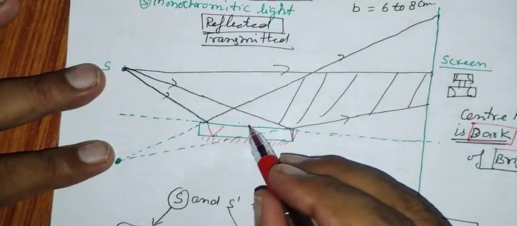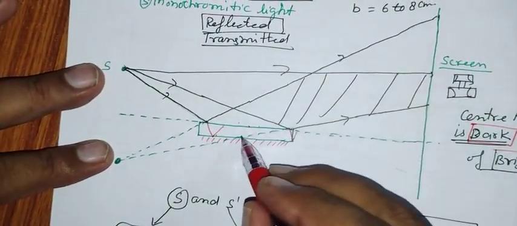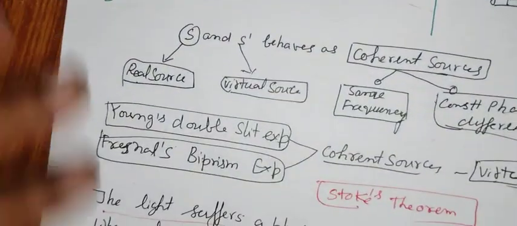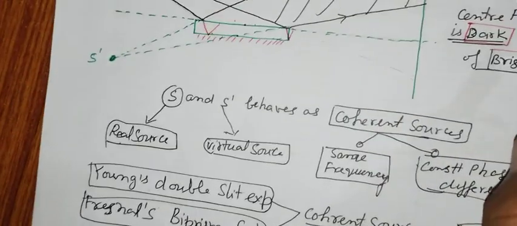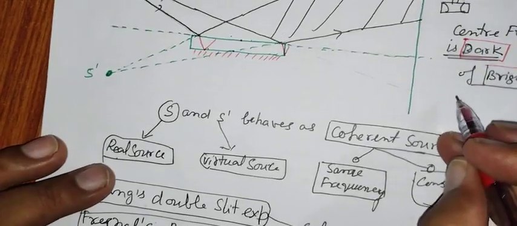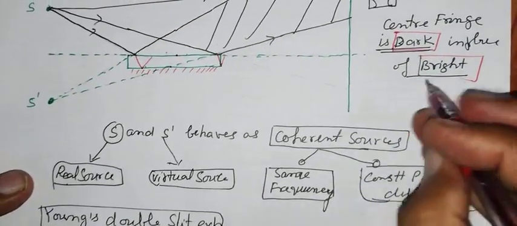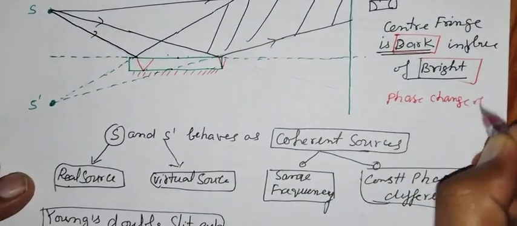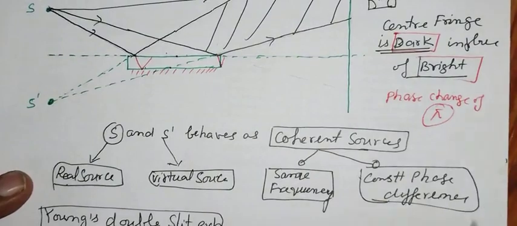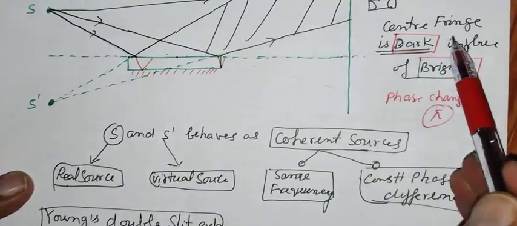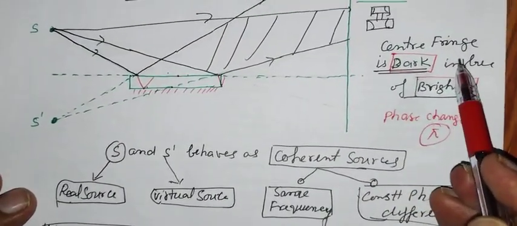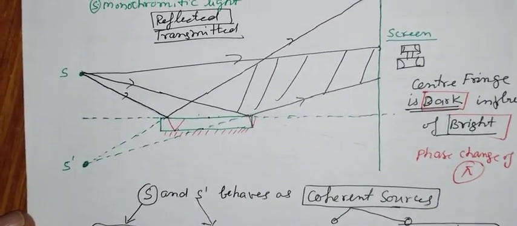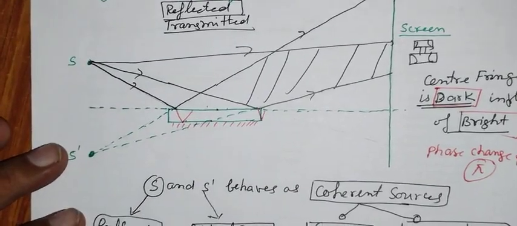So one is reflected in the rarer medium and one in the denser medium. So between the two rays, at the center, there is a phase change of pi. So in place of a bright center fringe, dark fringes are obtained, and this is due only to the Stokes theorem, and the rest of the thing is the same.